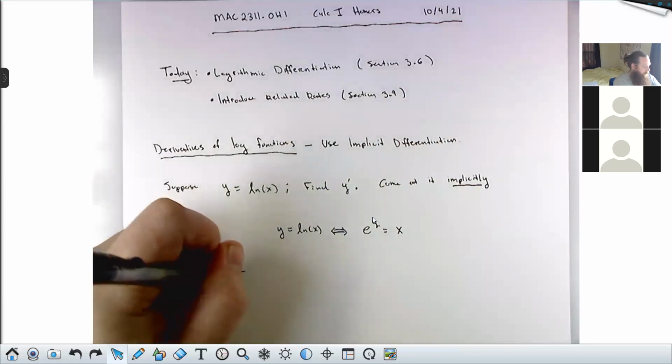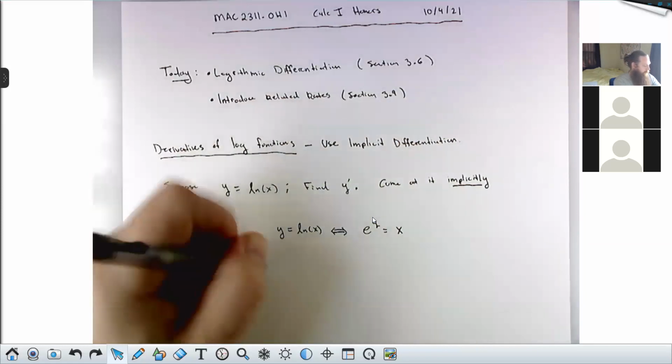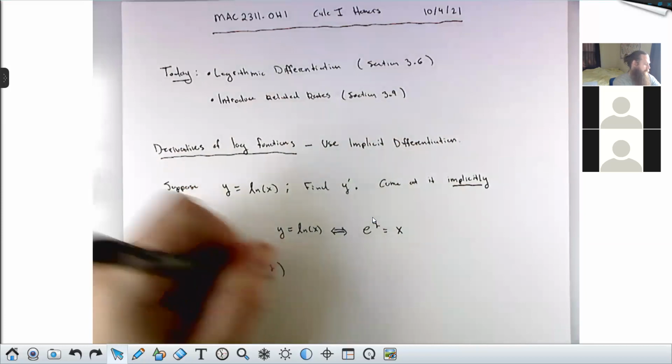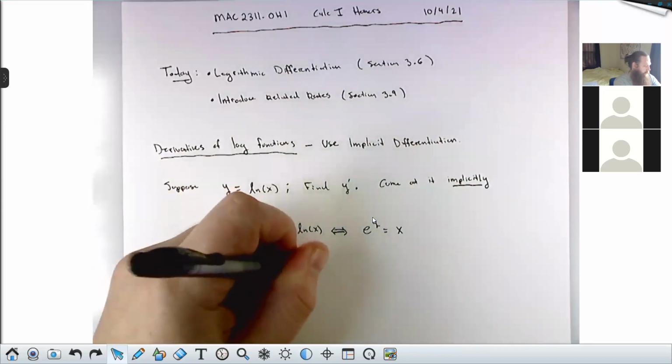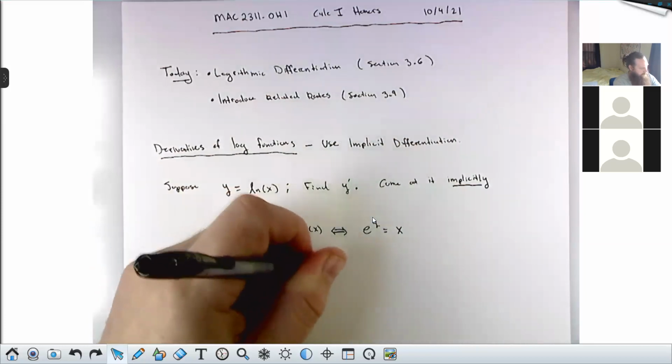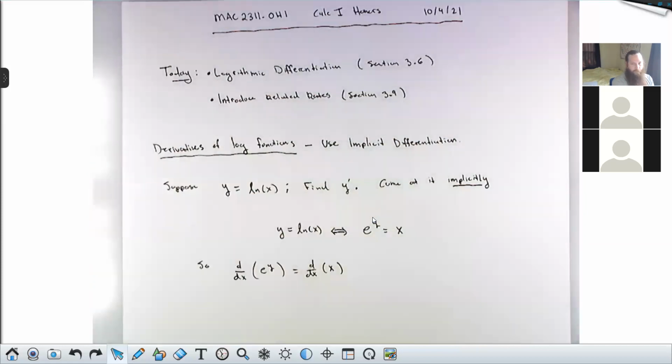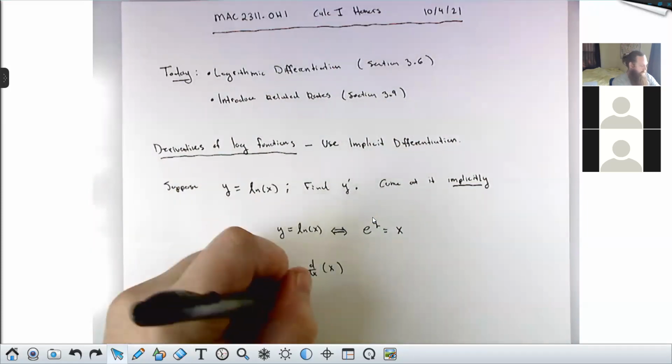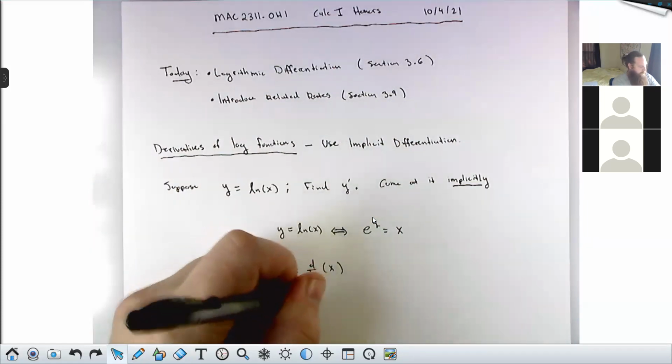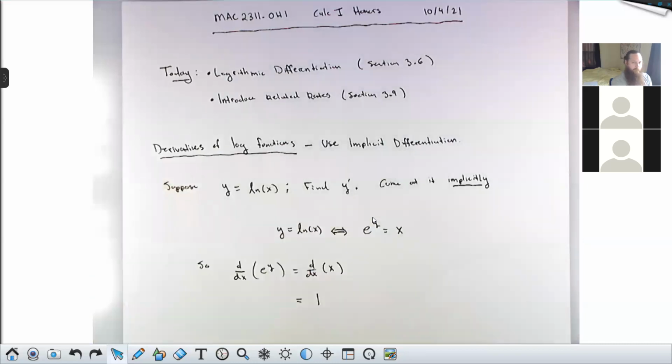So I apply the operator d/dx to both sides. It's very similar to what we did with the inverse trig functions. The right-hand side, the derivative of x, d/dx of x, is 1.